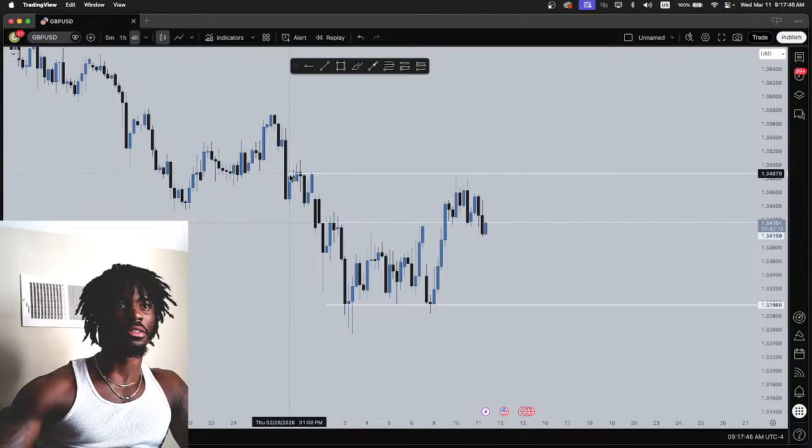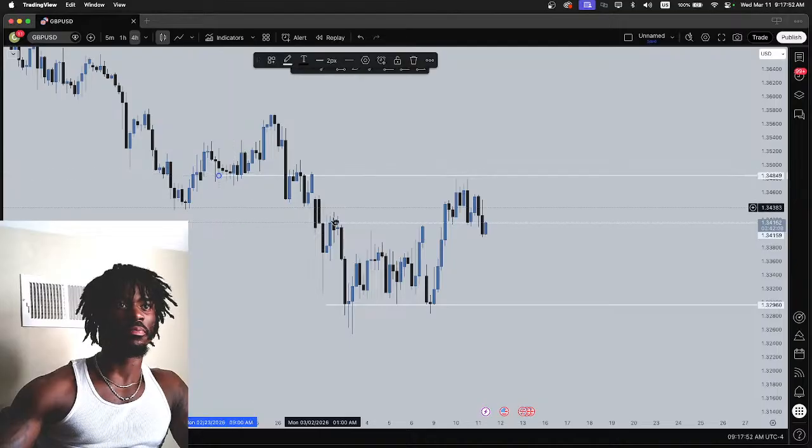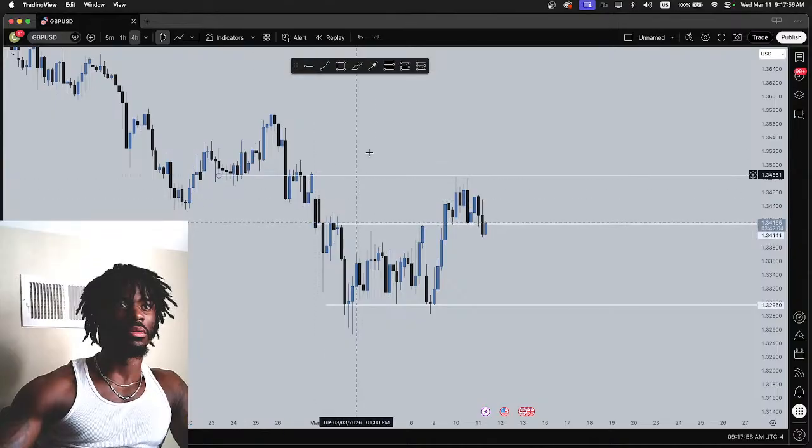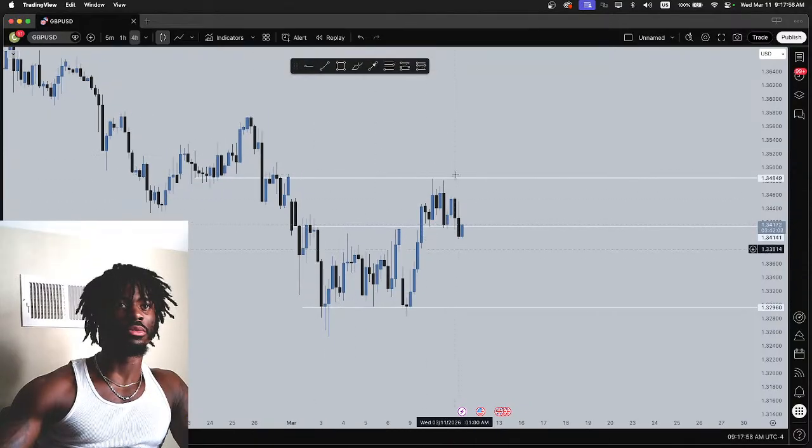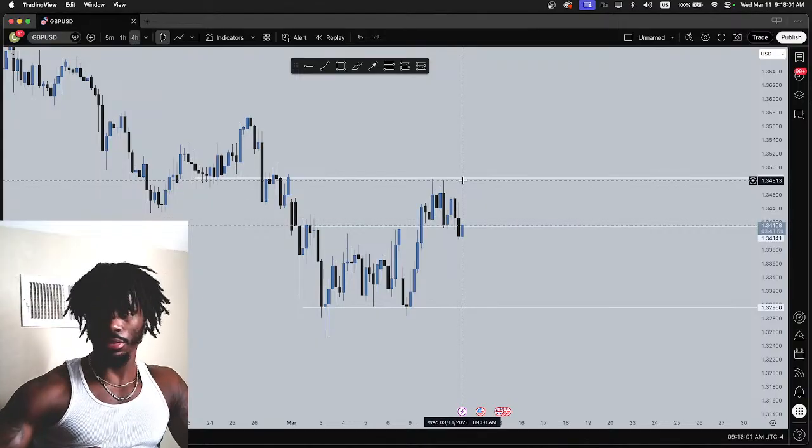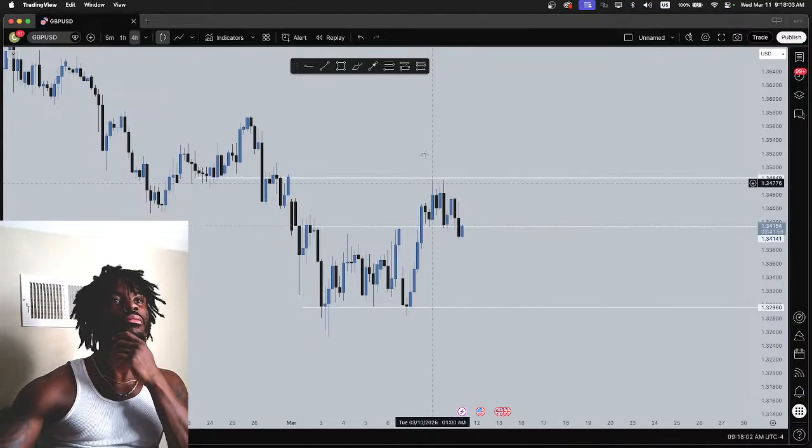I can actually adjust this to this resistance actually. Yeah, keep it clean. So now I can just focus on these three main areas where price is trading at.